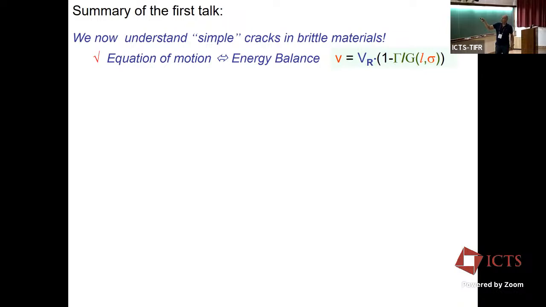So gamma is a material constant or material function. And the longer the crack gets, in general, the larger G is, this thing gets smaller, so then V will accelerate with the instantaneous length of the crack until it reaches this asymptotic velocity.